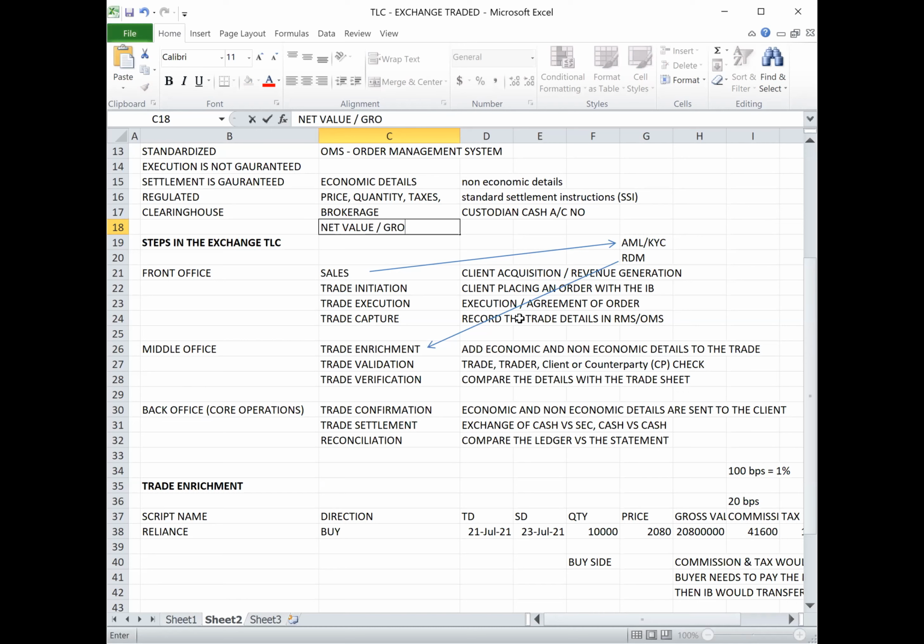So all these are economic details. Whereas those details which do not impact the profit or loss, which are helping out in settlement, those are non-economic details. Where does the cash need to go, from where would the shares come in? These kinds of details would be address related details. Yeah, so we call them standard settlement instructions. These are non-economic details. Does that answer your question?